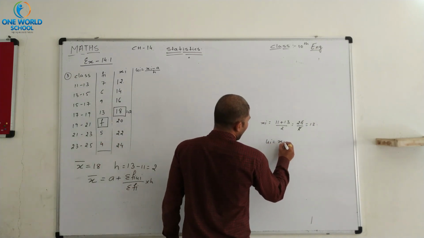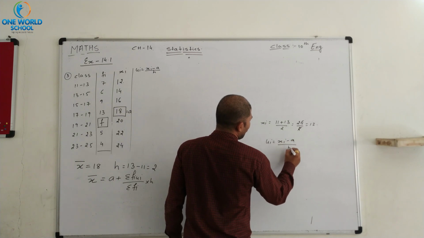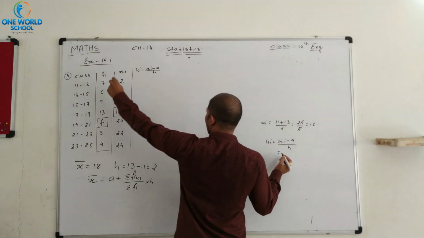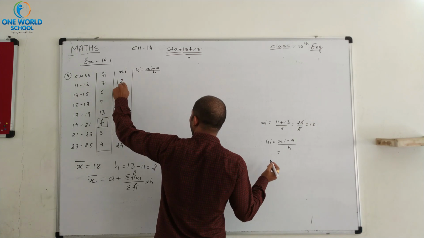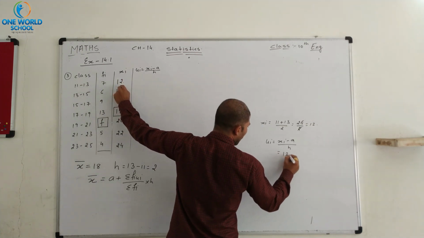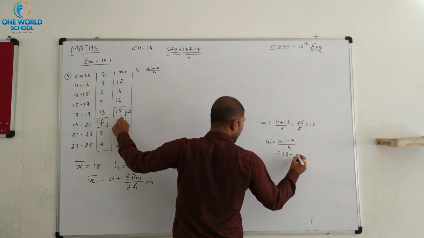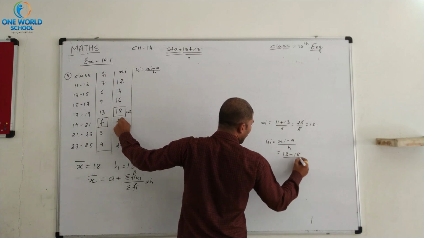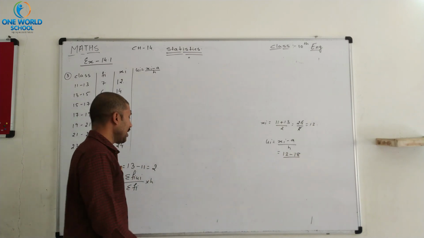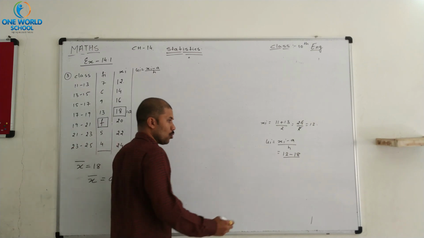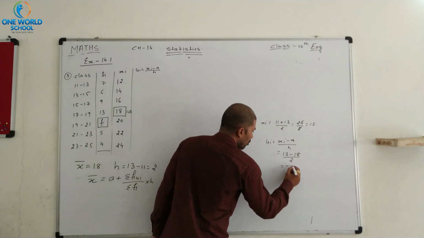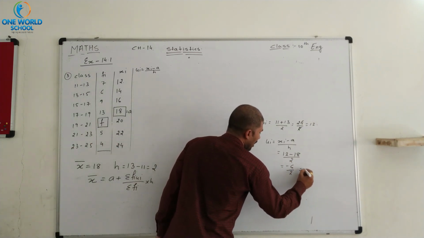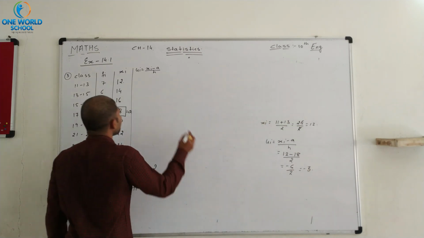ui equal to xi minus a upon h. So from the question, see, the value of xi is 12, the value of a is 18, and the value of h is 2. Put the values. So minus 6 by 2, we are getting minus 3.